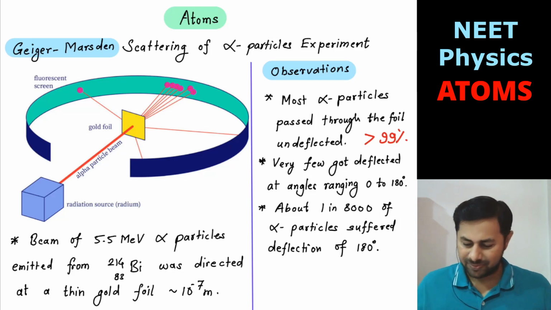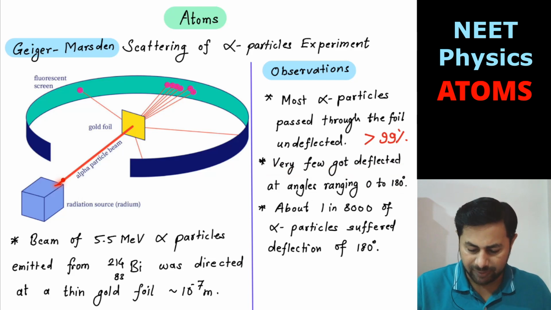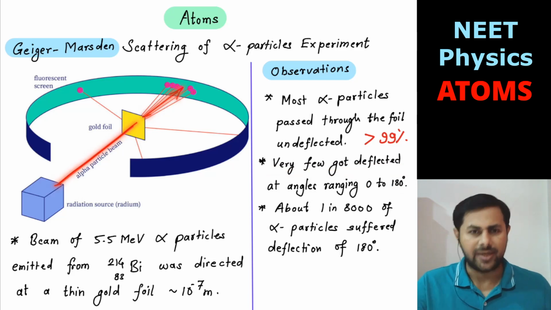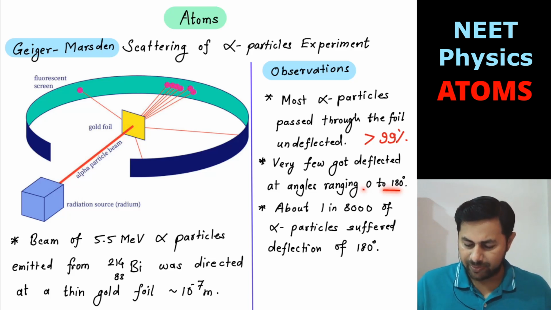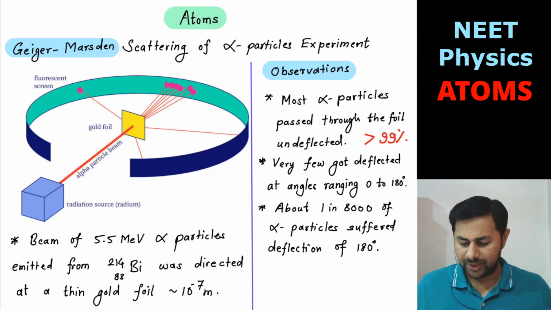Very few get deflected at an angle ranging from 0 to 180 degrees, and about 1 in 8,000 alpha particles suffered a deflection of 180 degrees.